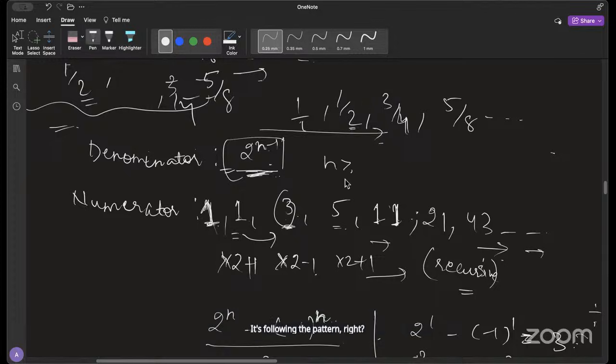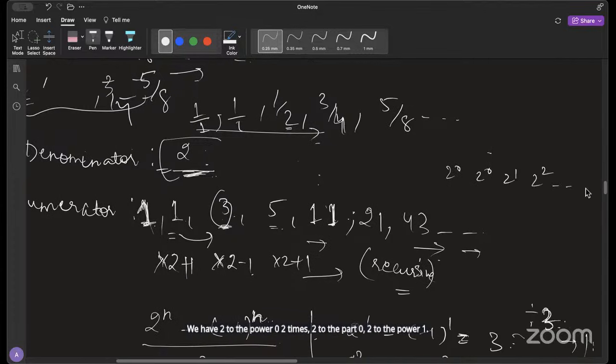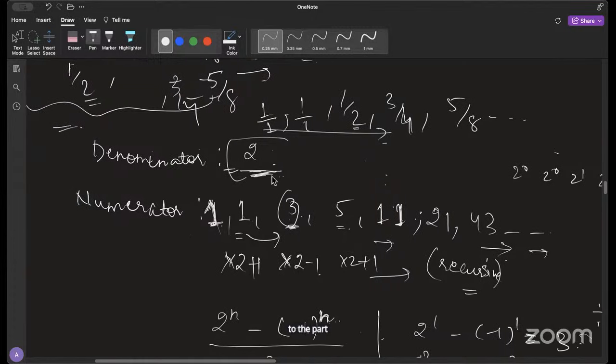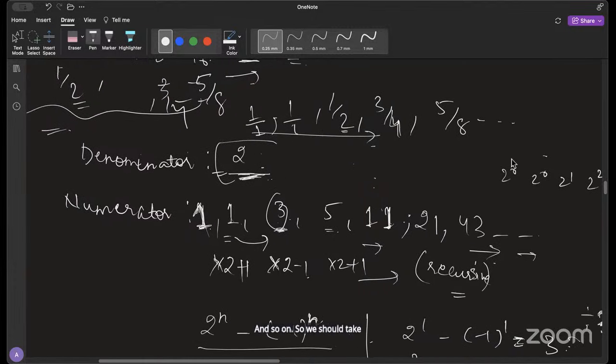Do it for n greater than or equal to, but then, okay, do it for this one. Now is it fine? Then also there'll be a problem because now the terms have changed. We have 2 to the power 0 2 times, 2 to the power 0, 2 to the power 1, 2 to the power 2, and so on. So we should take 2 to the power, this is the first term, this is second one, this is third one.